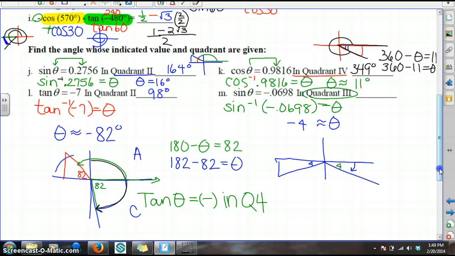And the given angle, that would be 4 degrees beyond the x-axis in quadrant 3, is an angle of 184 degrees. That means if I were to type the sine of 184 degrees, keeping in mind that I rounded this value, I would get a number very close to -0.0698.